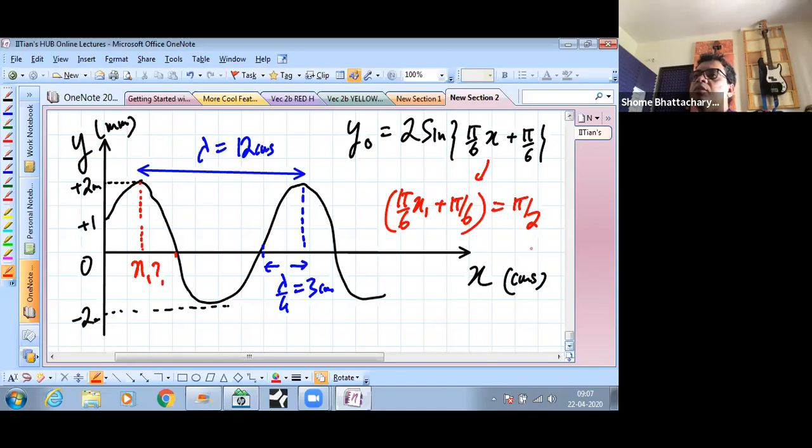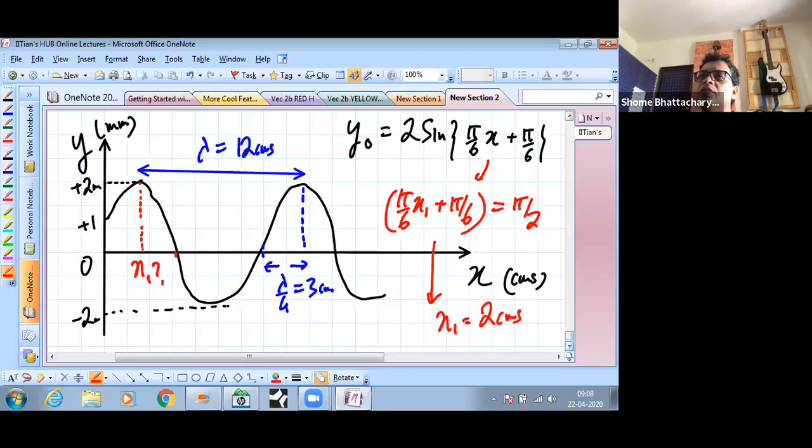That happens when the phase of the sine term, this whole thing, you think of it like a phase phi, is equal to pi by 2. So you will get that x1 is in fact equal to 2 centimeters.